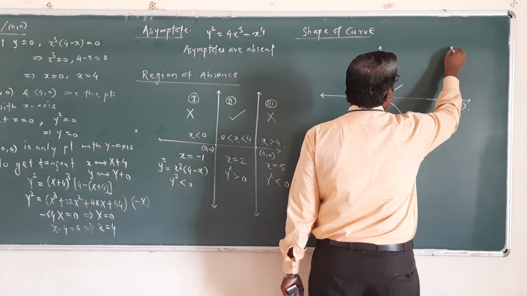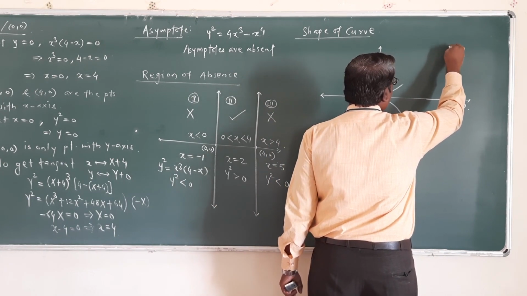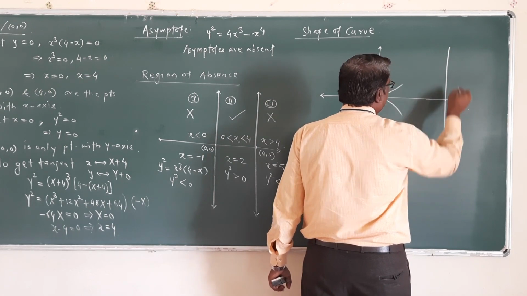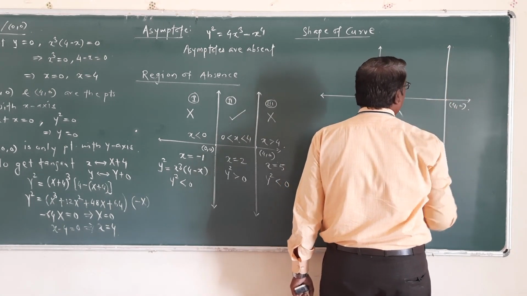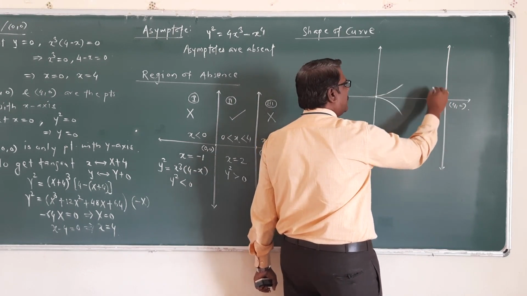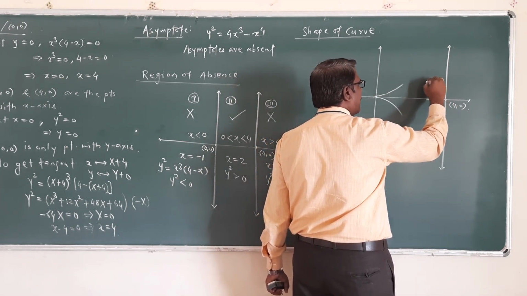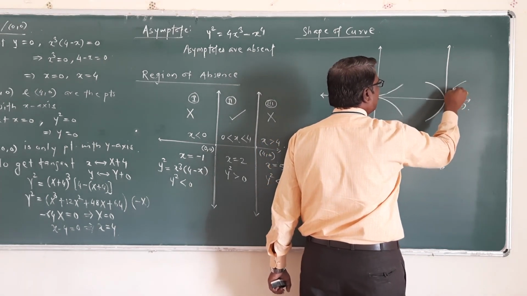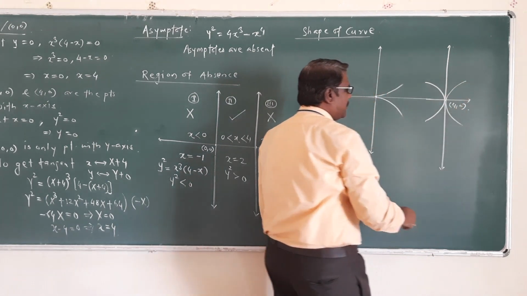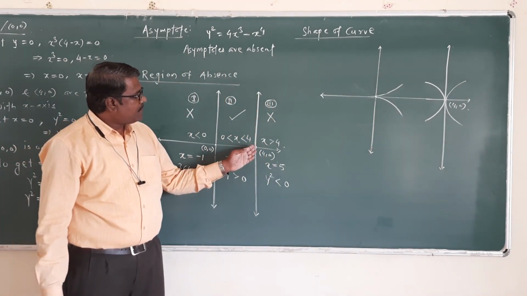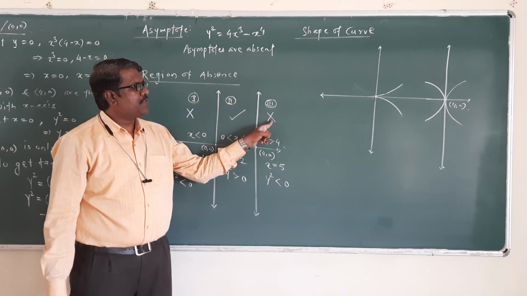So x equal to 4 is the line passing through the point 4, 0. If this line is tangent at 4, 0, the probable curves are either on this side or on this side. But in the region of absence, we have already checked that after 4 the curve is absent.